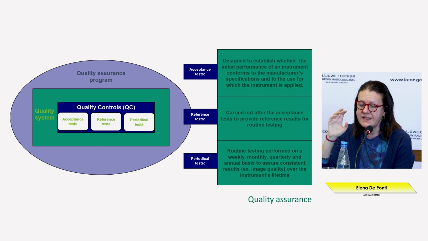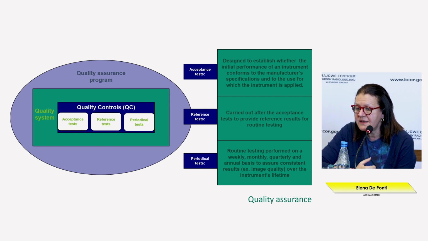The first one is the acceptance test, which, as we said, can usually be done according to the NEMA reference guidelines, and the acceptance tests are usually designed to establish if our equipment conforms to the manufacturer's specification and also to the requests that we included in our tender, that have been described in the offer by the vendor.